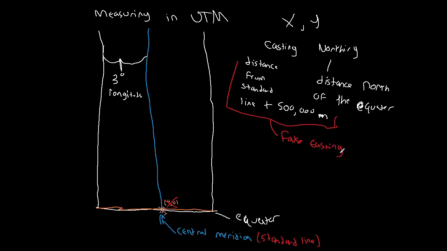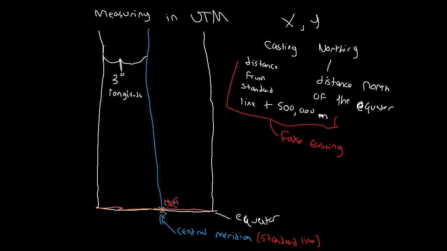And so this plus 500,000 meters is why we call this a false easting, right? Whenever you see it in any sort of software, you'll see it referred to as an X or an easting. That's because there are other coordinate systems and everything is X or easting. But in UTM specifically, what you actually have is called a false easting. And that's the reason it's called false is because we've added this 500,000 meters from the standard line, right?